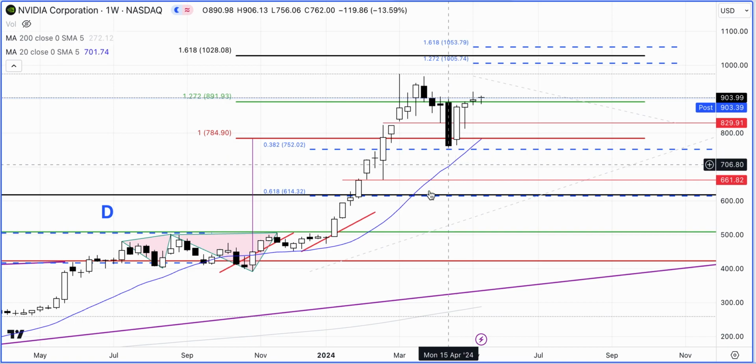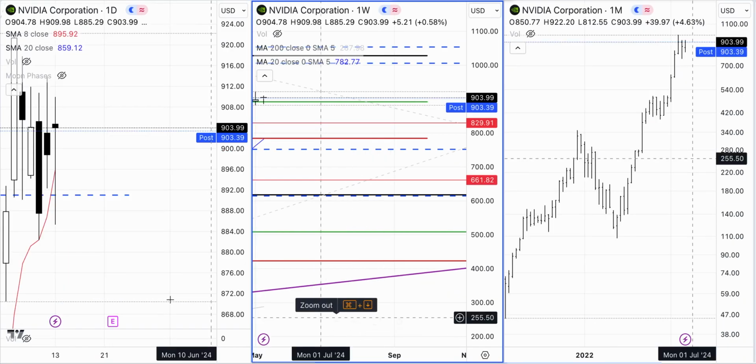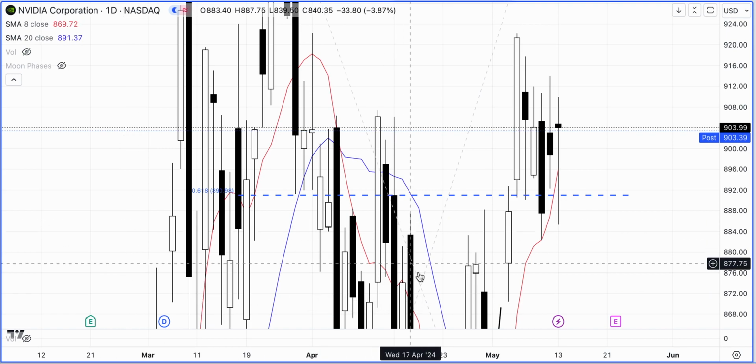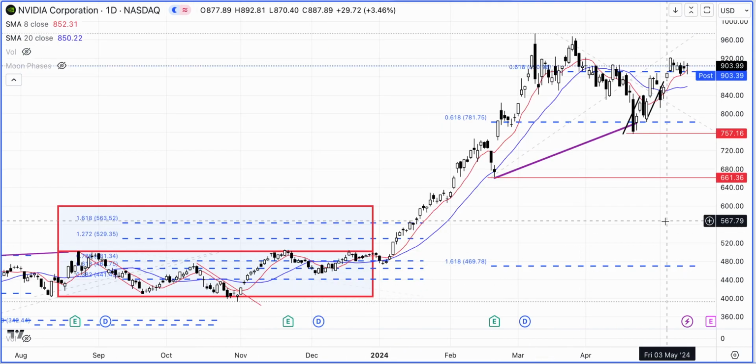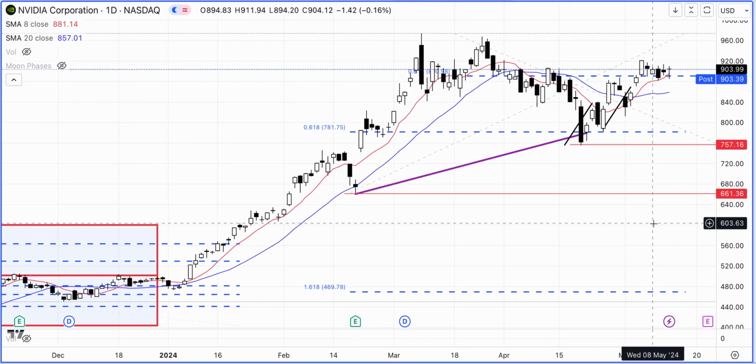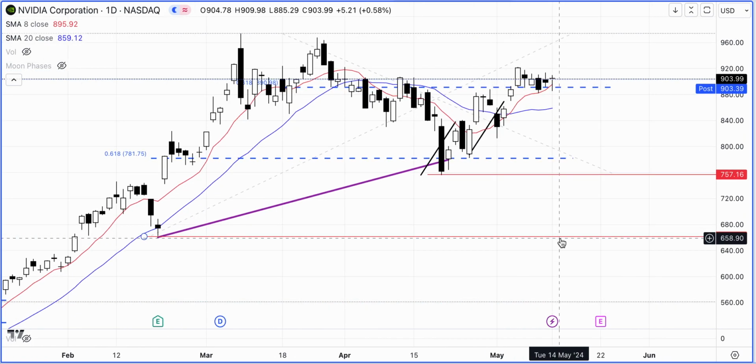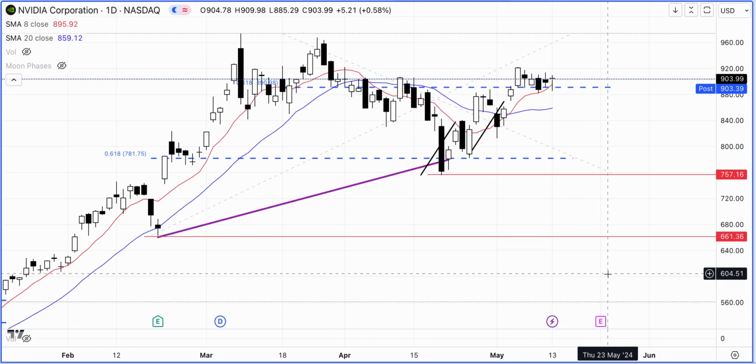Now, one of the things about the artificial intelligence related stocks is that people who are familiar with the field are suggesting that maybe this artificial intelligence will unfold in different waves.